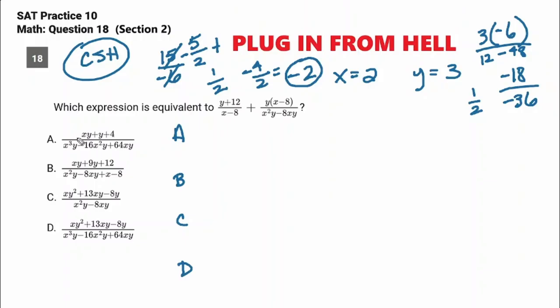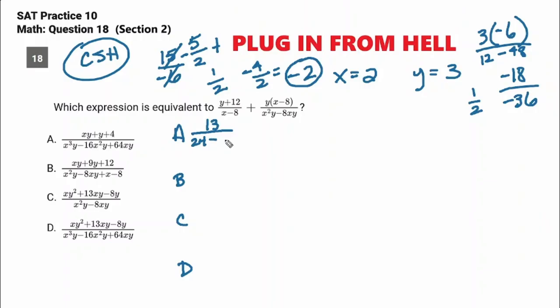and go to work. X times y, that's 6, plus y, that's 9, plus 4, that's 13, over x to the third is 8, times y is 24, minus 16 times 4 times 3.